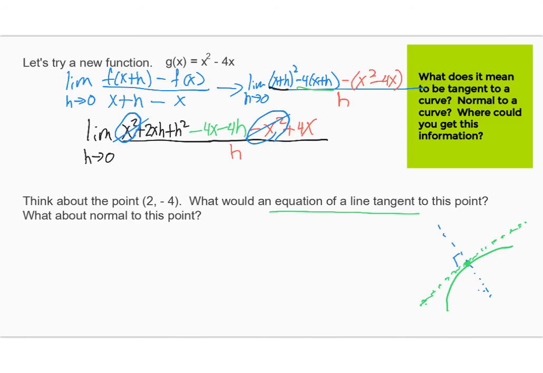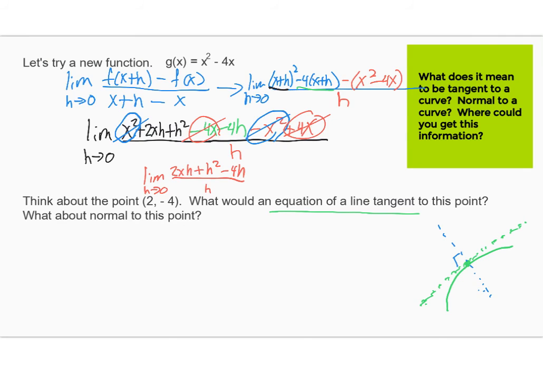I've got minus 4x plus 4x, those cancel out. And suddenly the only things that I have left are parts of the numerator that have an h. So we've got the limit as h approaches 0 of this beautiful fraction, 2xh plus h squared minus 4h.